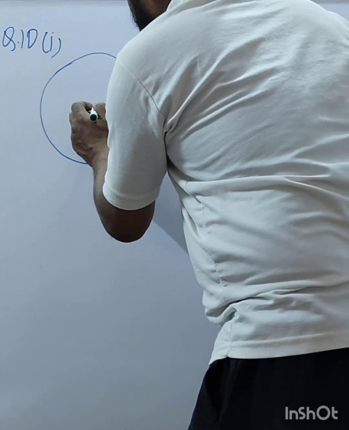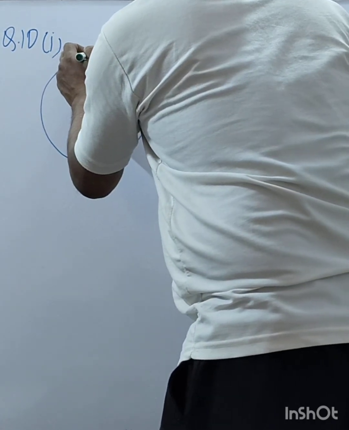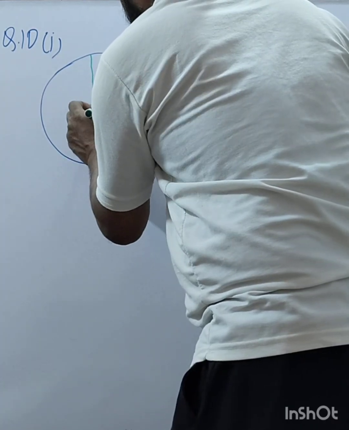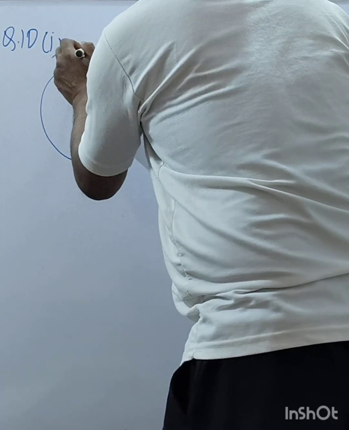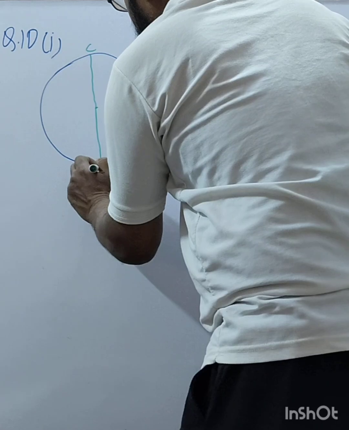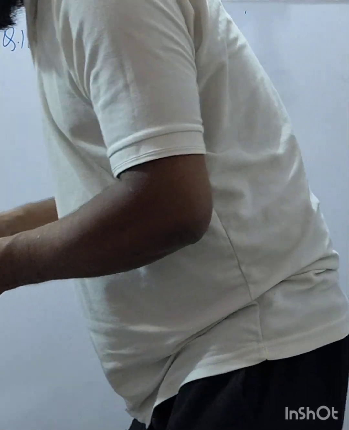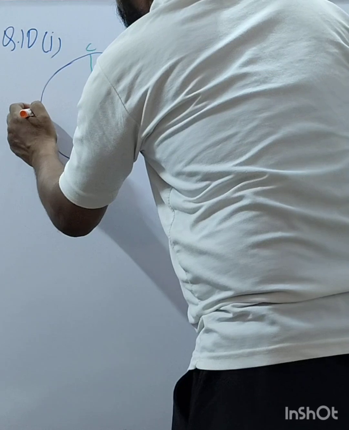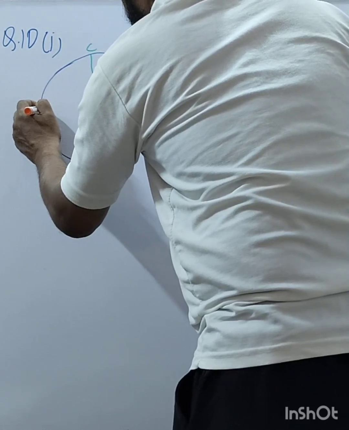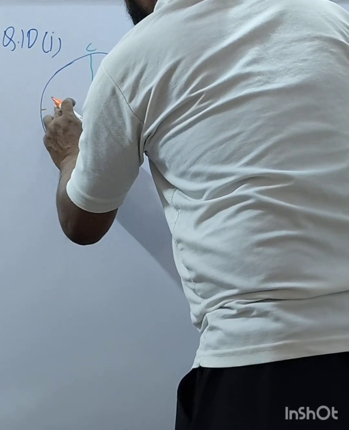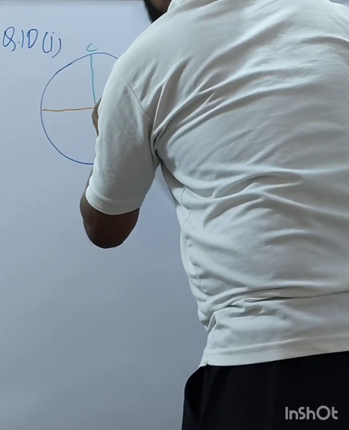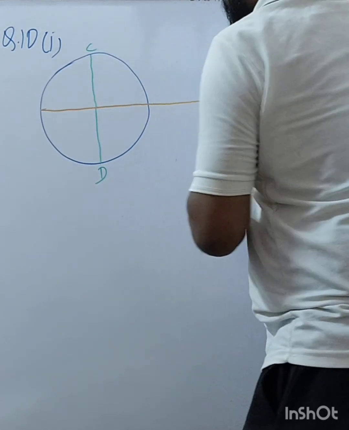This is the center, and CD is passing through the center, as well as AB. A is passing through the center like this.